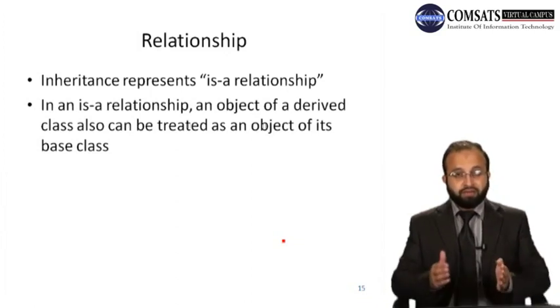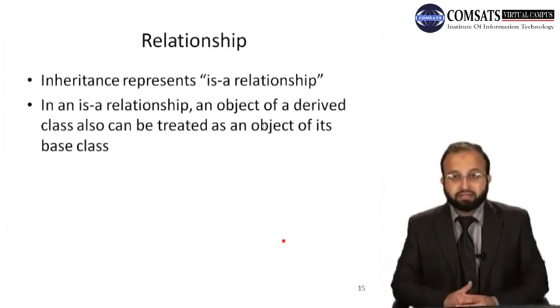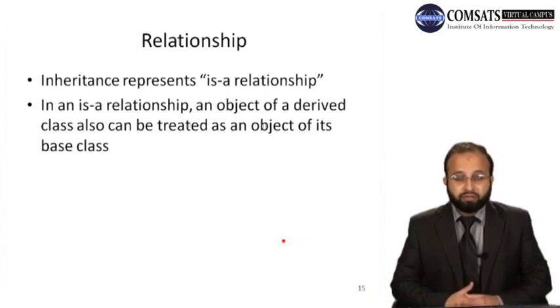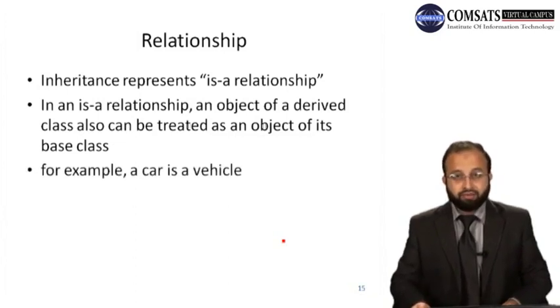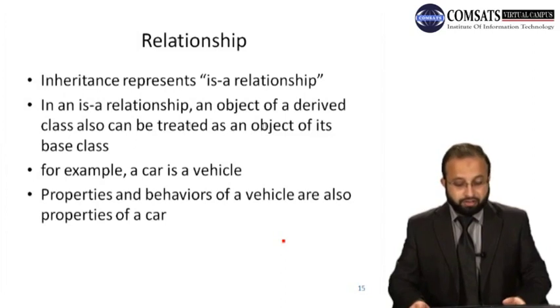So मेरे पास एक derived class है, एक base class है, for example class A is the base class and class B is derived from class A, then the object of B is also considered to be an object of A class, ठीक है? For example, a car is a vehicle, ठीक है? So properties and behavior of a vehicle are also properties of a car, right?